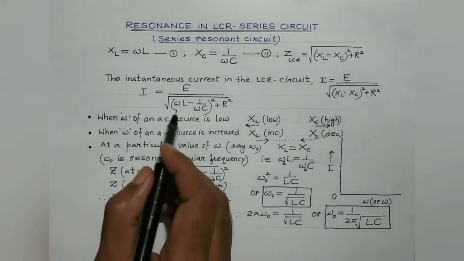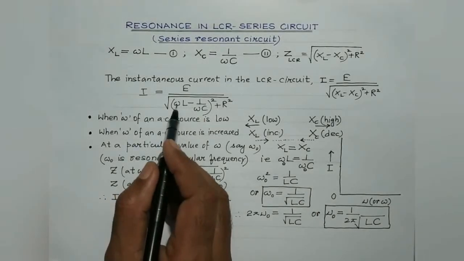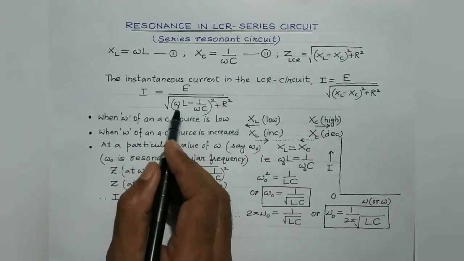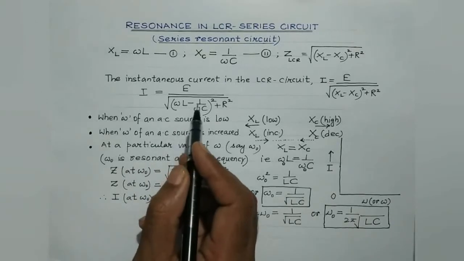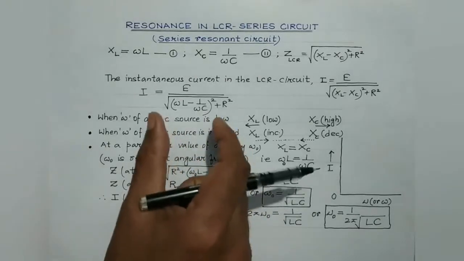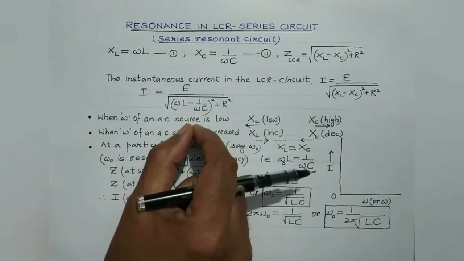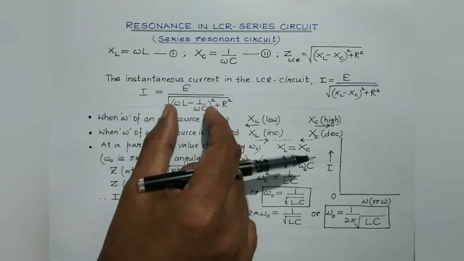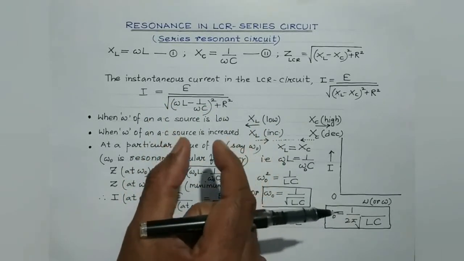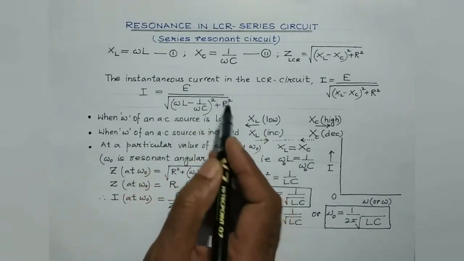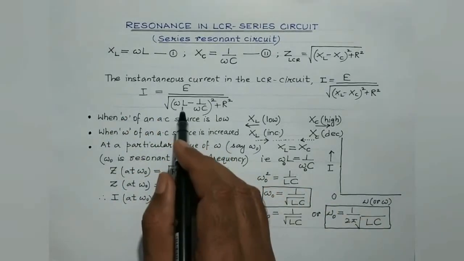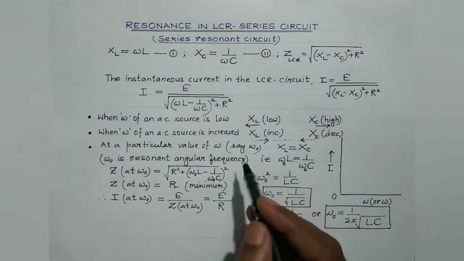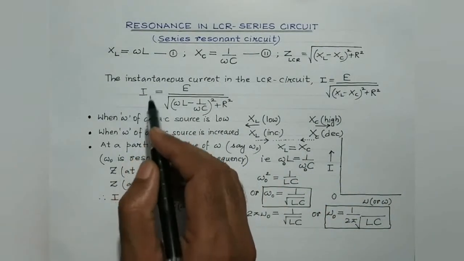We are aware that with the increase in the value of omega, initially the current will also start increasing, right? Because the gap between omega L and 1 by omega C will start decreasing. As the gap starts decreasing, there will be a decrease in the denominator and the current will increase. So initially, when the value of omega or linear frequency is increased, the current will also increase.